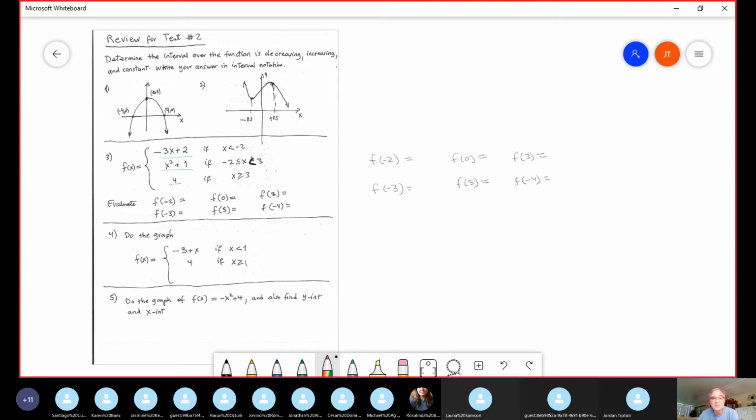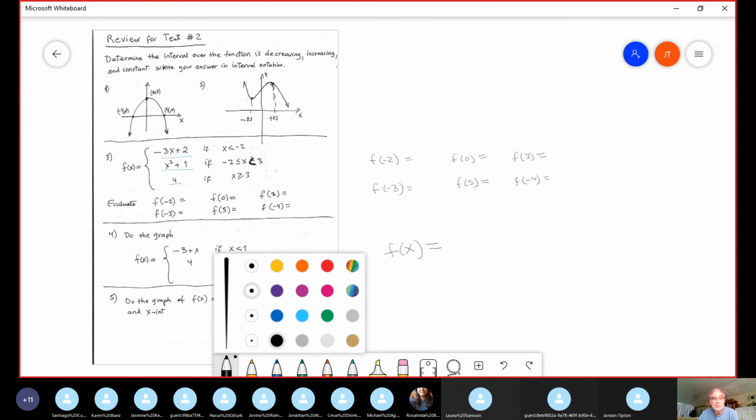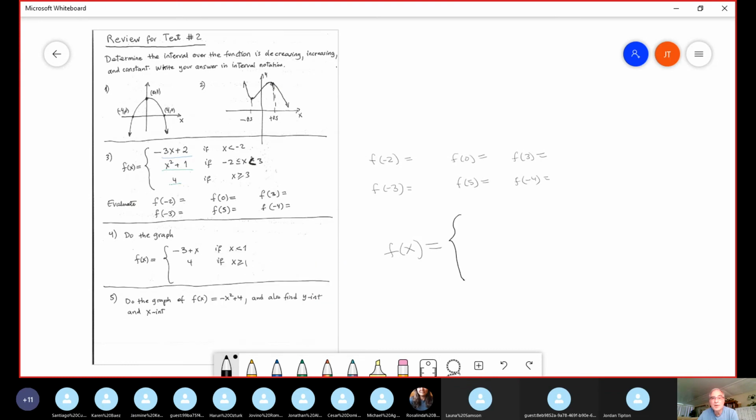Okay, I want to copy here. I tried to do my best in the PDF, but it was not good. F of x is equal. The piecewise function is minus 3x plus 2 if x is less than negative 2. x squared plus 1 if x is between negative 2 and positive 3, but don't include 3.